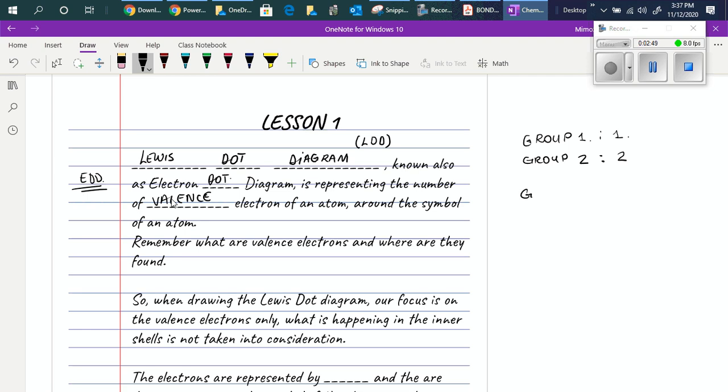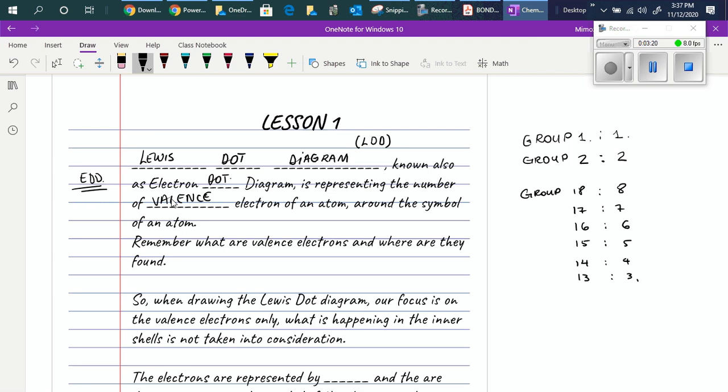Group 18 has 8 valence electrons in the outer shell. Group 17 has 7 valence electrons. Group 16 has 6 valence electrons. Group 15 has 5 valence electrons. Group 14 has 4, and group 13 has 3 valence electrons.